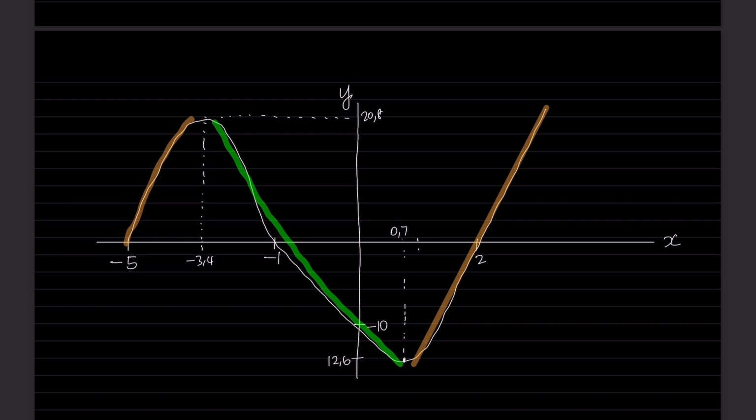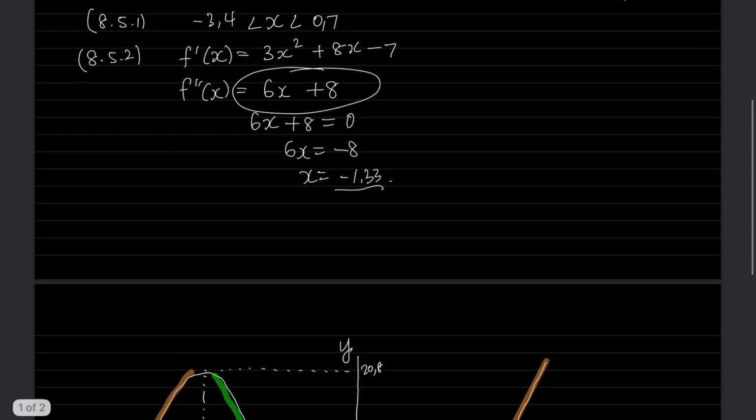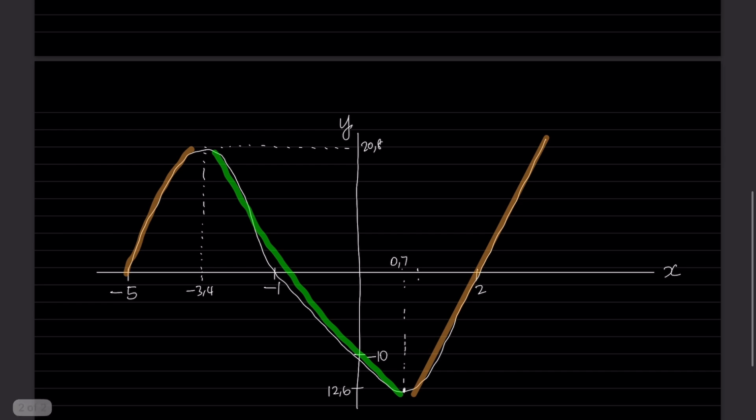The orange region is where it's positive, the green region is where it's negative. Now we should do the same thing for double prime. So double prime x, let's plot it on the line. The y-intercept is 8, the x-intercept is minus 1,33, and we can draw that line in.